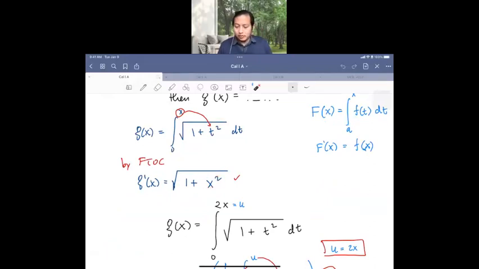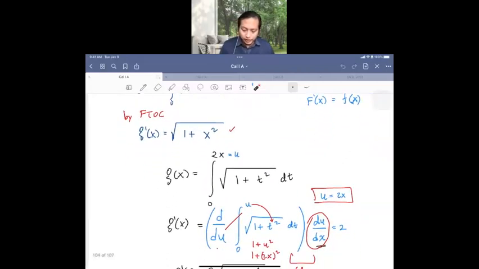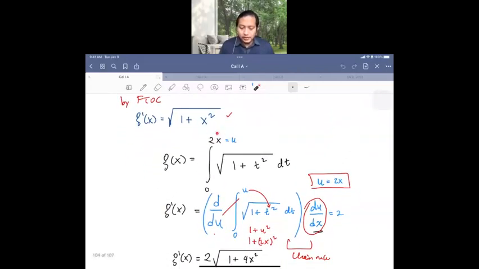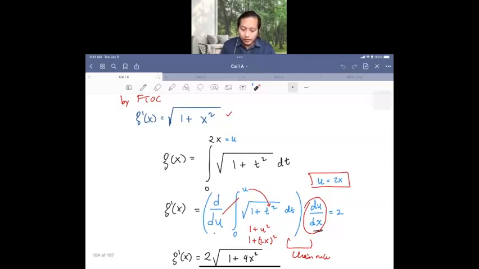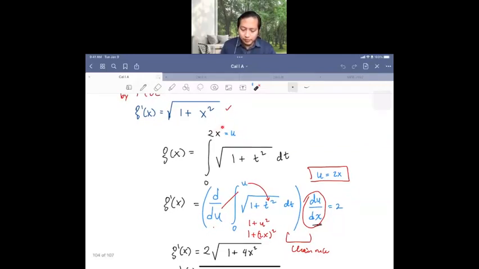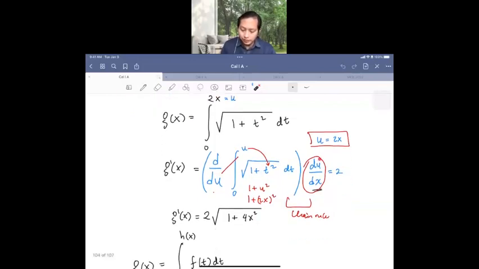But then, what will happen if we have 2x in the endpoint? The same thing, but if you imagine this 2x as u, then aside from putting this 2x into the t squared, we are going to use the chain rule to multiply by d over dx of 2x, which is 2.